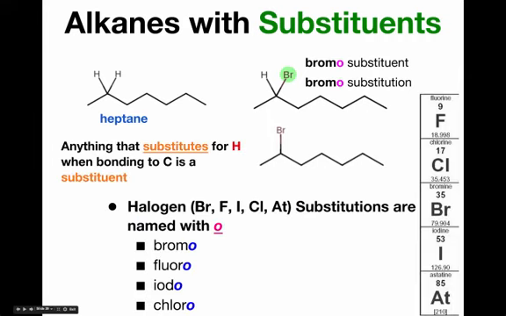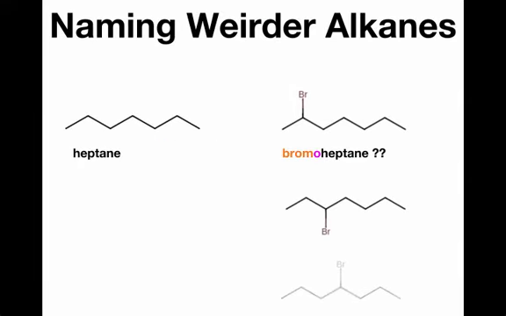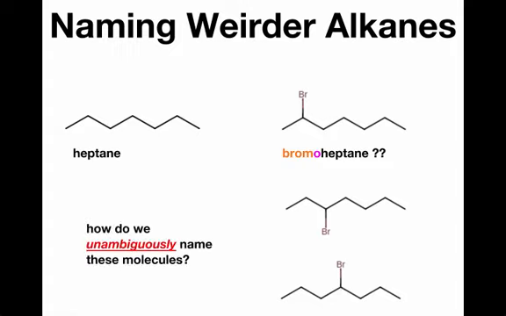It looks like I lost the slide there for a second, so let's go back. So just calling them bromoheptane doesn't tell you which one you're talking about. So we need a slightly better way of describing what's going on. So how do we unambiguously name the molecules on the right?